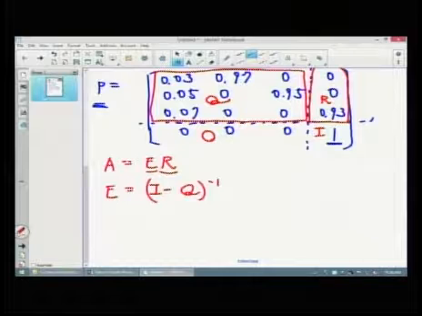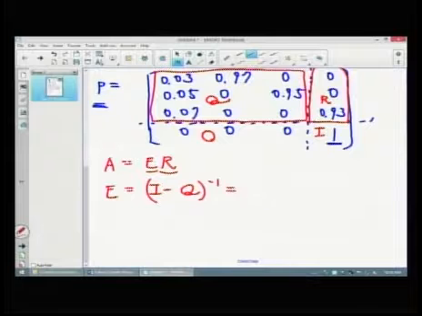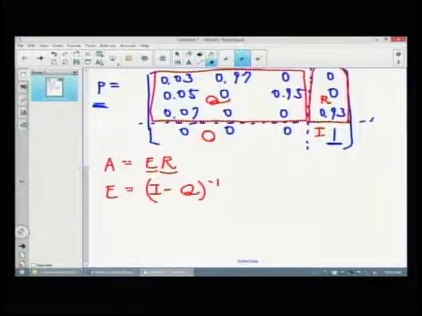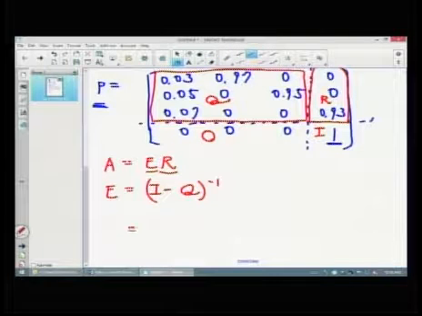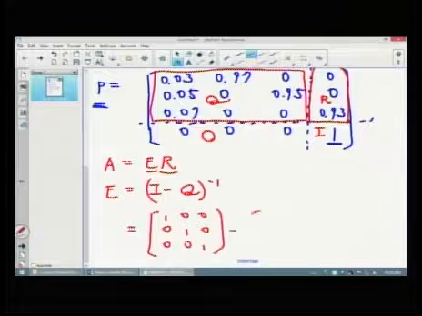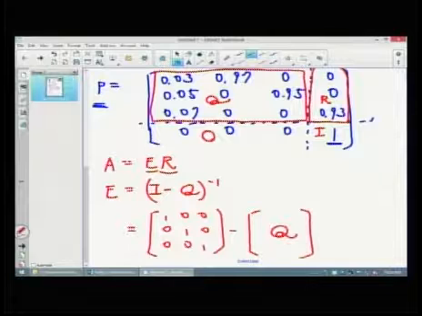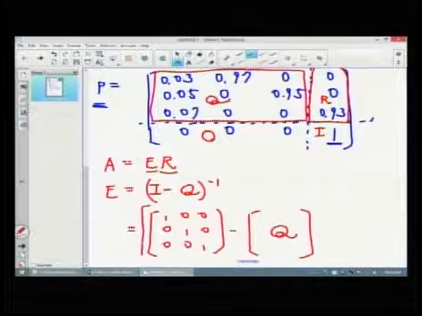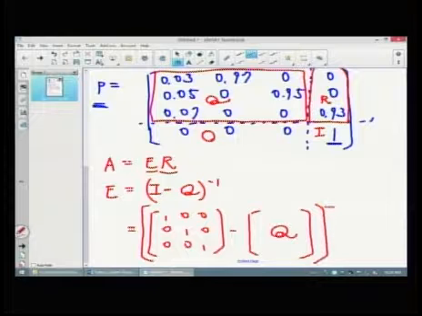And then I'm going to use the identity matrix, which must be 3 by 3, right? 1, 1, 1, 0, 0, 0, minus this Q matrix. And then after that, we're going to take the inverse, right? That's what you need to do.